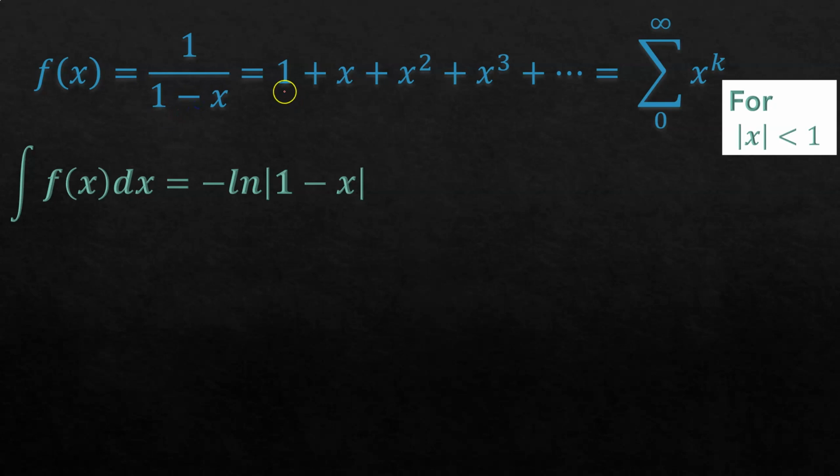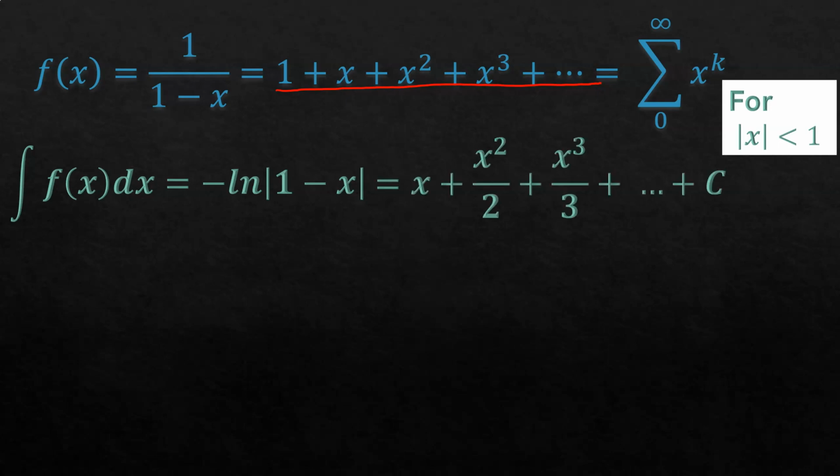Now we are going to integrate this series representation, the polynomial-looking part there. Then we will have x squared over 2, x to the third over 3, x to the fourth over 4, and so on, plus c, right? So wait a minute, a series doesn't have a c, so how do we reconcile the c? Well, let's think about this for a second.